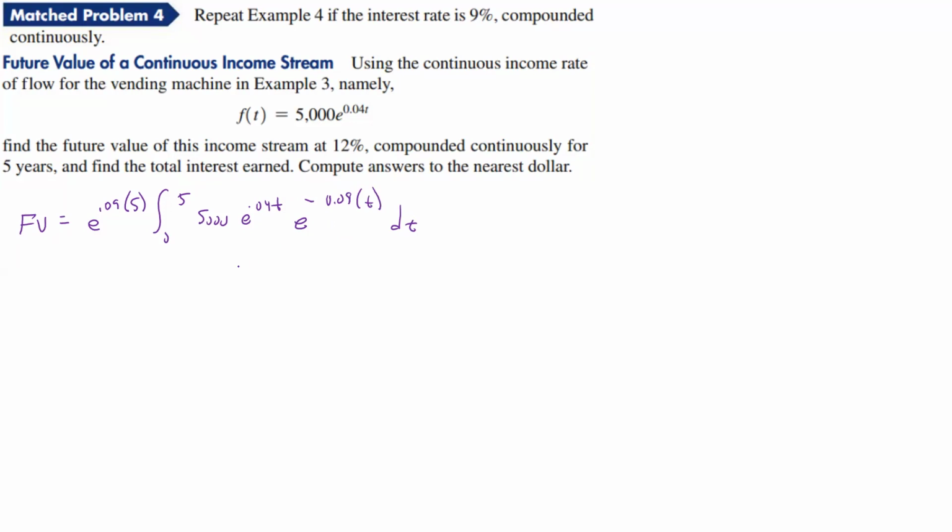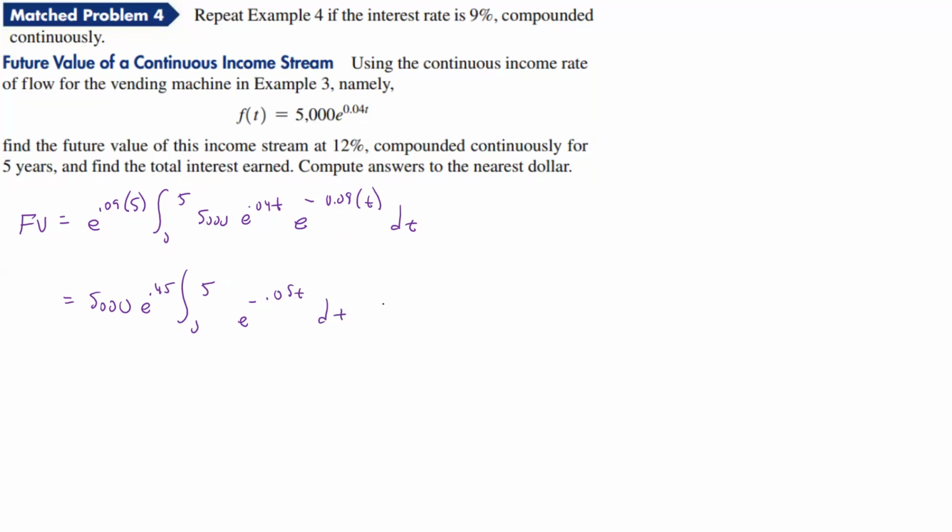All right, so what can we do? Well, when you multiply those two together, they both have t's in them, so we can add the powers, and we can also pull that 5,000 out in front. So we have 5,000 e to the 0.45, from 0 to 5. Now, if we have 0.09 and we add 0.04, no wait, 0.09 minus 0.04, that's going to be e to the negative 0.05t, and then dt.